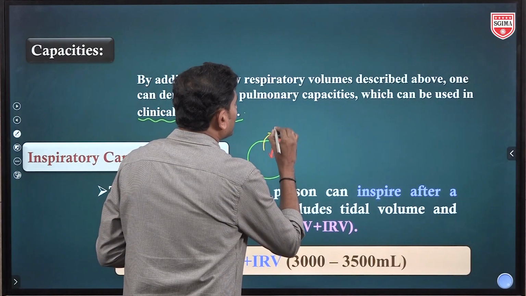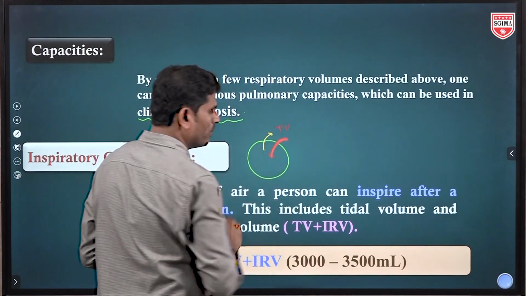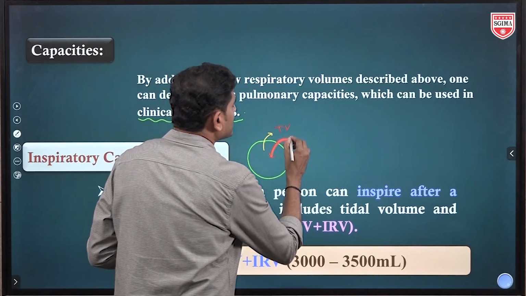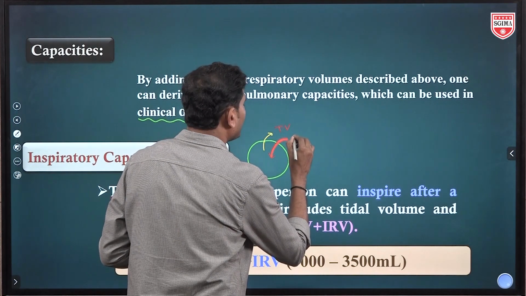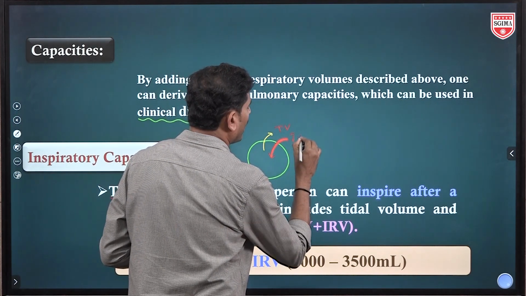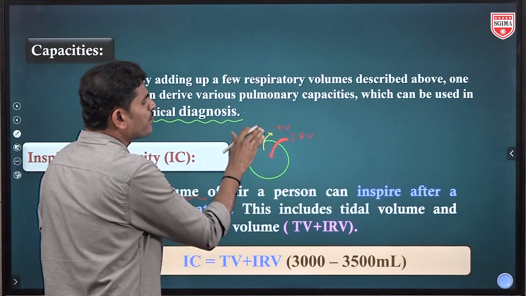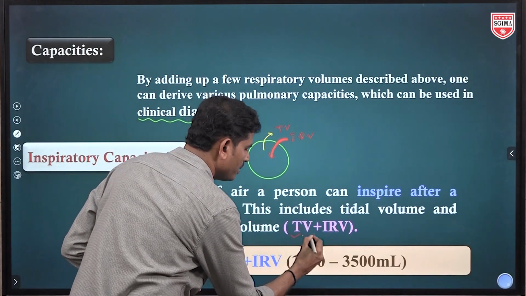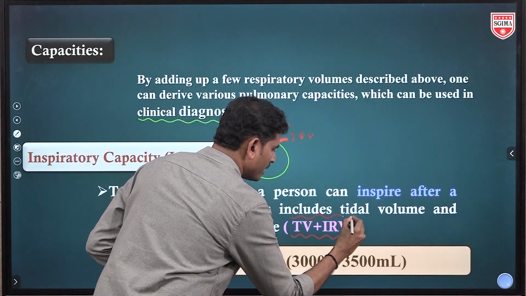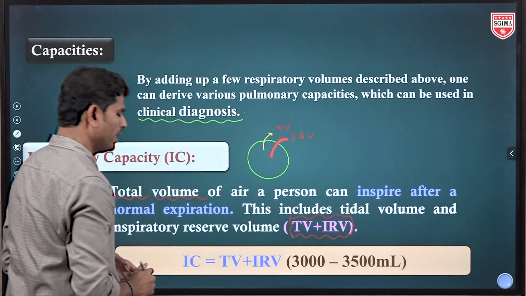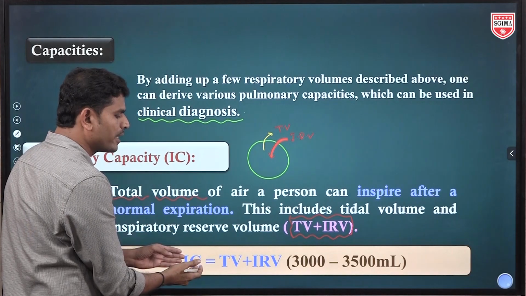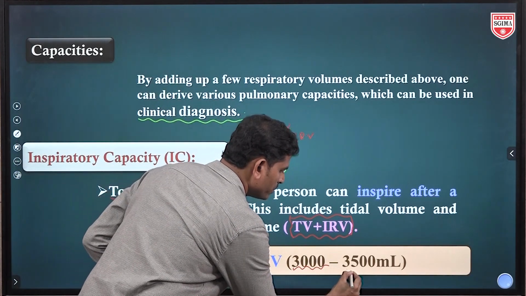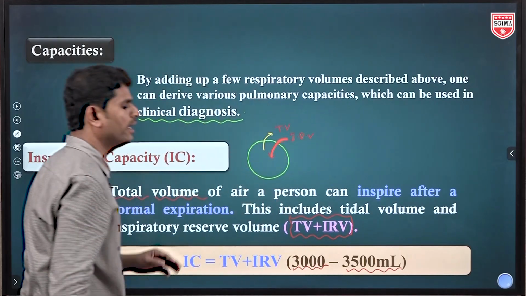So इधर this is the TV क्योंकि normal expiration, and this is which one, IRV. So sum of TV plus IRV. Then ये दोनों decide a person's IC, inspiratory capacity. इसका value that is 3000 to 3500 ml.